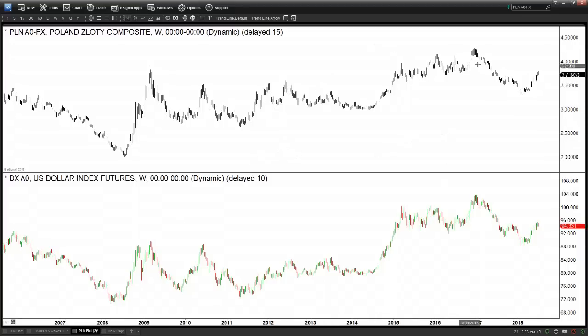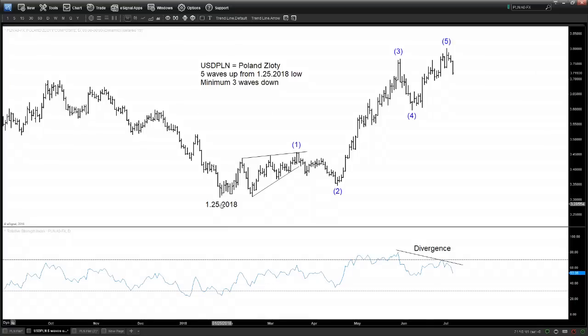So if we look at the PLN right now, again from January 25th, we can see a clear 5 waves up, impulsive, with divergence in the momentum. So that is confirming that we are ending the wave 5, and based on the reaction here, we can conclude that we have ended this 5 waves up.